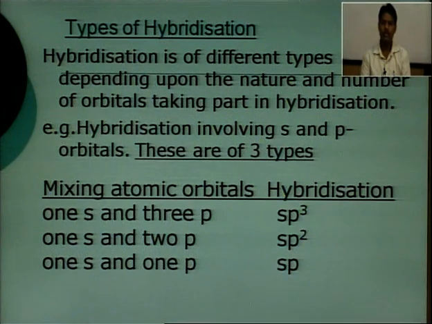When 1 s and 2 p orbitals hybridize, it is called sp2 hybridization. When 1 s and 1 p orbital intermix, it is sp hybridization. So, the name is given according to the orbitals intermixing.